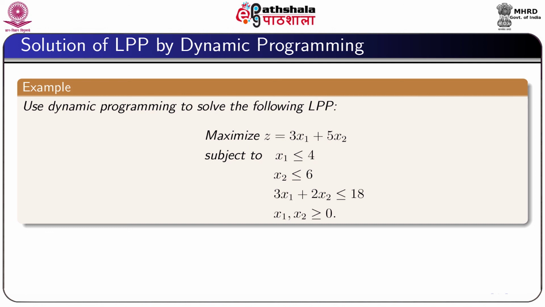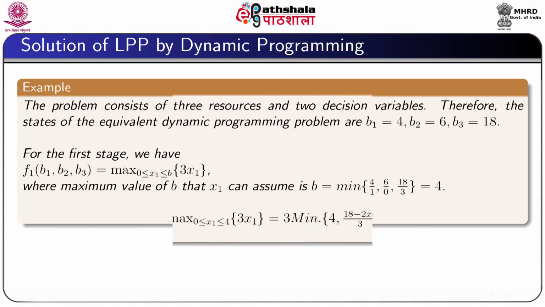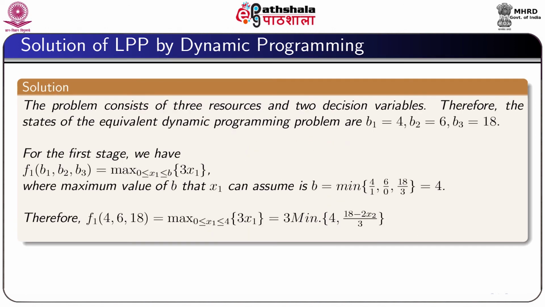So, the problem can be considered as a two-stage dynamic programming problem. The states of the equivalent dynamic programming problem will be b_1 equal to 4, b_2 equal to 6 and b_3 equal to 18.